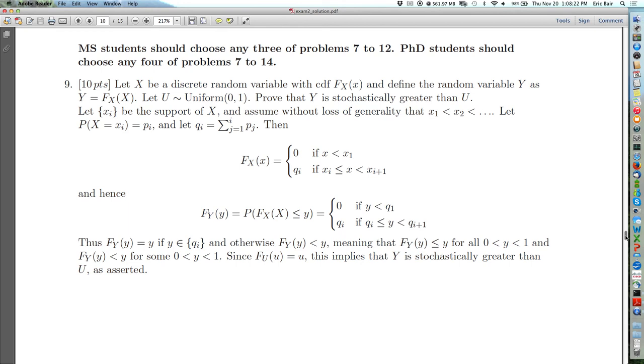But basically what it boils down to is that at a jump point of the distribution, the value of y will be exactly equal to the value of the CDF at u, and anything that's in between jump points will be strictly less, which gives you the definition of stochastically greater. So, yeah.